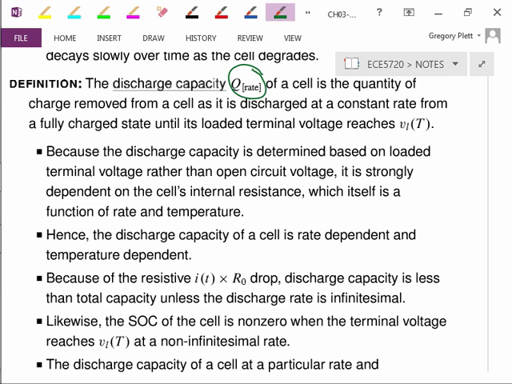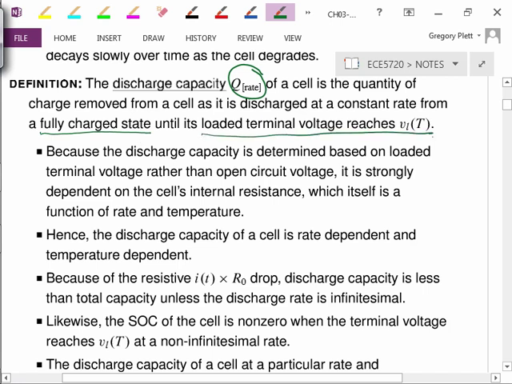Because look how this is defined. The discharge capacity of a cell is the quantity of charge removed from a cell as it's discharged at a constant rate from a fully charged state, so the same start condition, but until its terminal voltage reaches V_L, not until it's fully discharged.